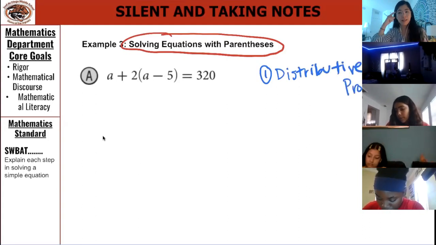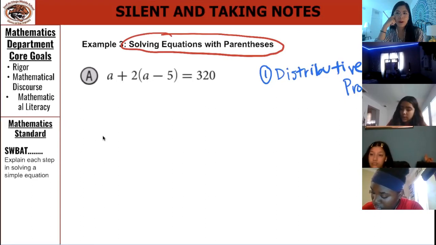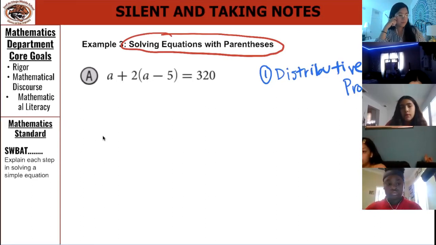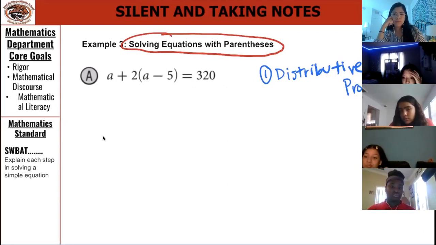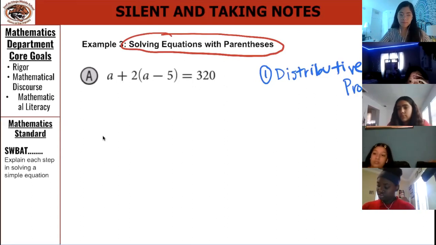That should ring a bell, okay? If you remember, can anybody explain to me what the distributive property is or what you're supposed to do? You do 2 times a minus 2 times 5.